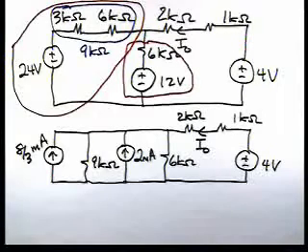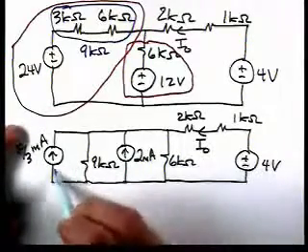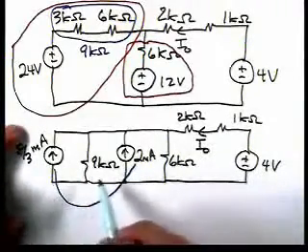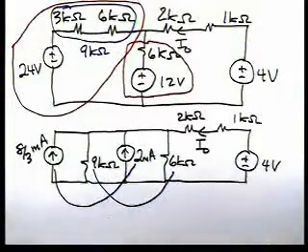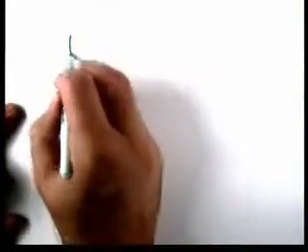Now, if we look at that circuit, remember we can combine current sources in parallel and resistors in parallel. So for instance, we can take these two current sources and combine them in parallel, and these two resistors and combine them in parallel. If we do that, our circuit can be reduced to the following.